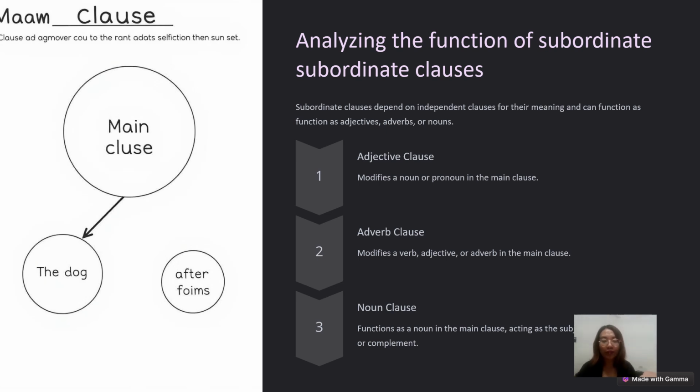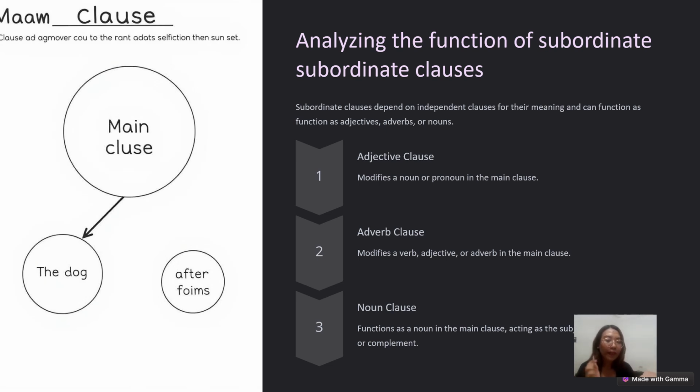In adverb clauses, the clause modifies a verb, adjective or adverb in the main clause. A subordinate clause can act like an adverb, explaining when, why, where, how, or under what condition the action in the main clause happens.